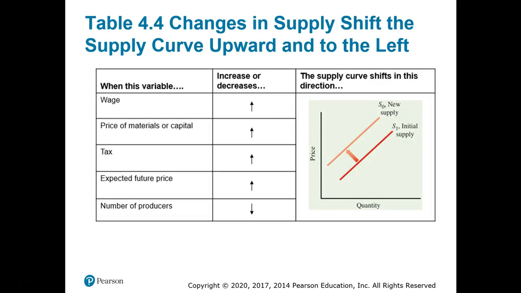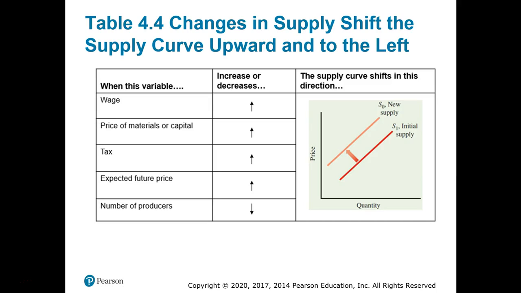The exact opposite happens when wages increase. I cut back on production. Can't afford it. I might even lay off some people. Price of materials goes up. Well, again, I might lay off some people, or I may not make as many. So I could probably raise the price. Taxes.